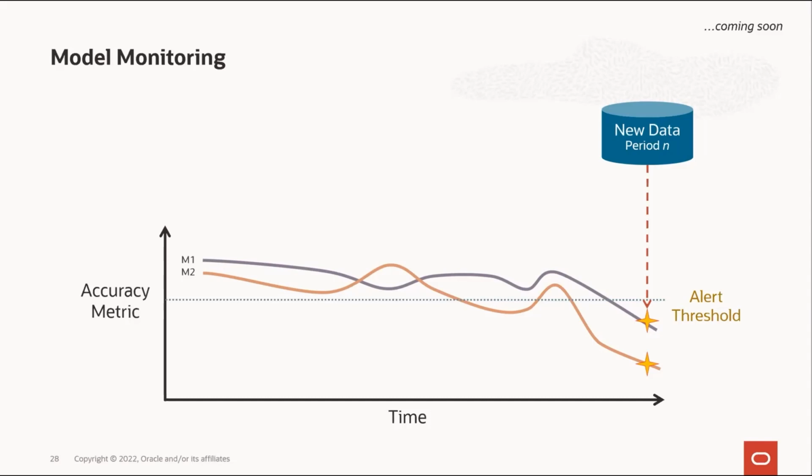And so all of this is in support of the overall MLOps strategy. Now there's more to that, and model monitoring is a key element of that. And that's one of the reasons why we're introducing this feature in 2022 to further round out what we're offering in the area of MLOps.